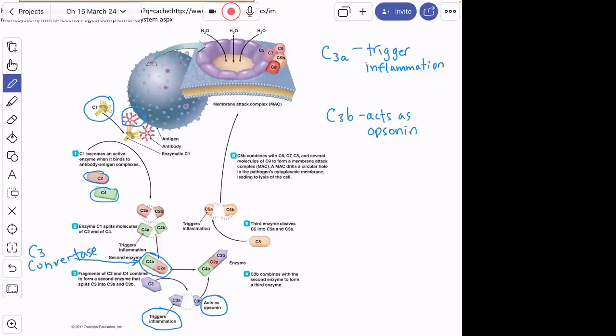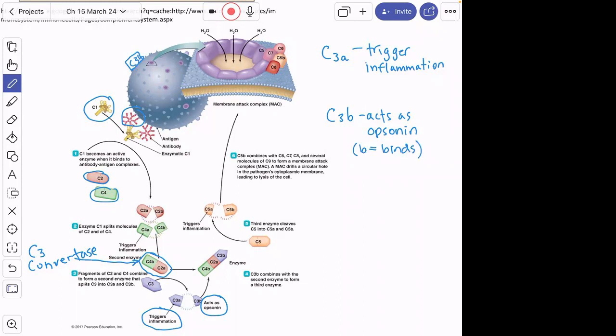Okay, the only thing I don't like about this picture is that it doesn't show that very well. So actually, C3b comes back up here and binds to the pathogen. So you could think here B equals binds. Okay, fragments that have that B, they're going to bind to something else.